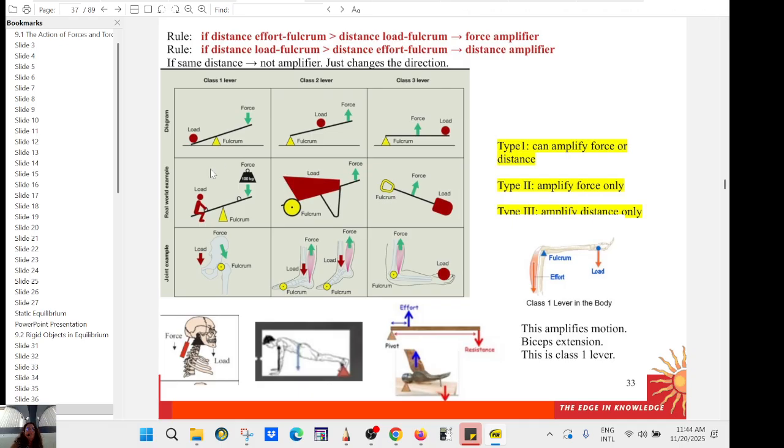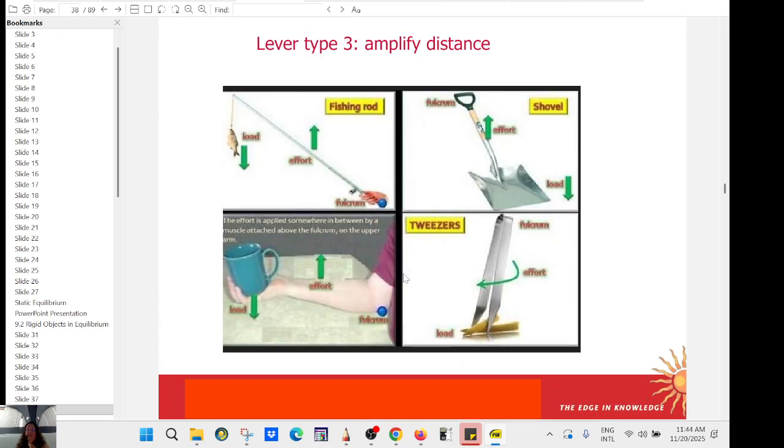So, to recap: class 1, amplify distance or amplify effort. Class 2, amplify effort. Class 3, always amplify distance. Okay, you with me? Isn't that interesting? So cool.